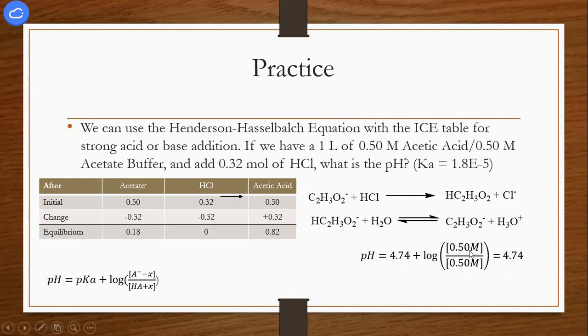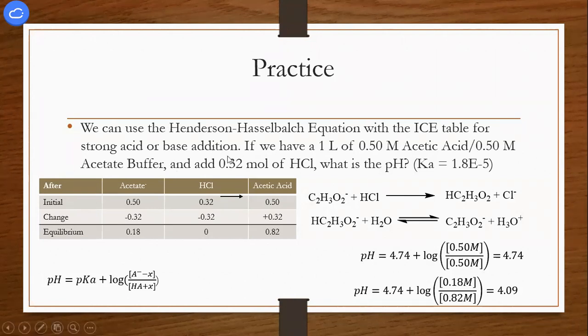So this is where we started from, and then this is where it ends up. If this buffer was not here, the second I add 0.32 moles of HCl, the negative log of 0.32 would give a pH of 0.5.